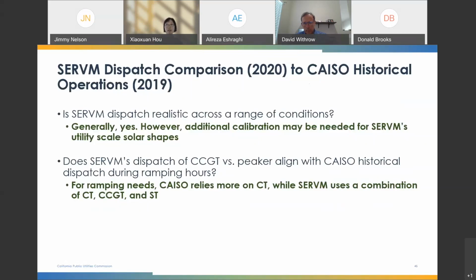In addition, we noticed that for ramping needs, SERVM uses a slightly different combination of thermal resources than what CAISO uses. Jimmy has alluded to this a little bit earlier. It's really hard for this kind of production cost model to exactly match the thermal unit commitment that CAISO has, but we think the difference is within a reasonable range.